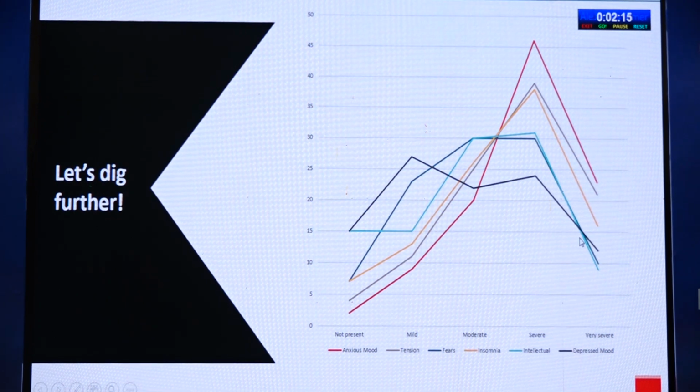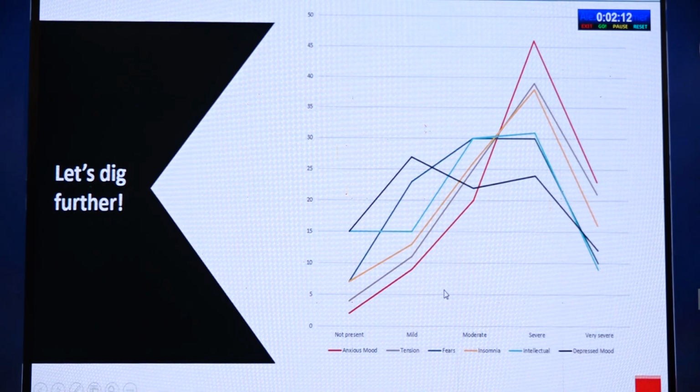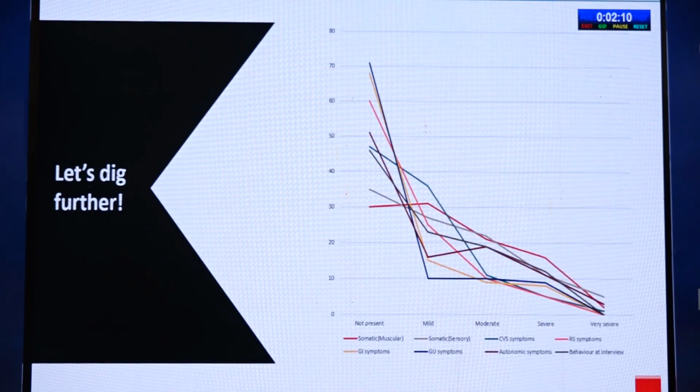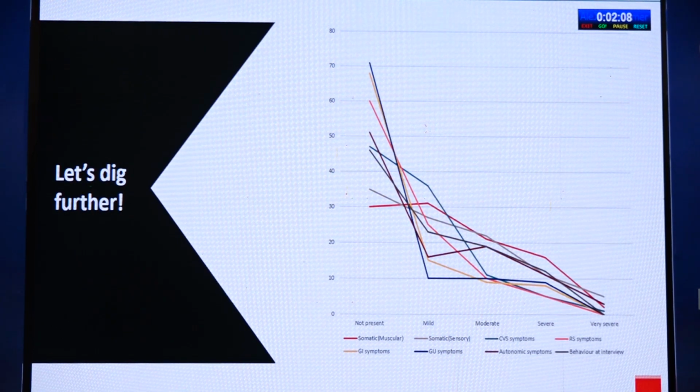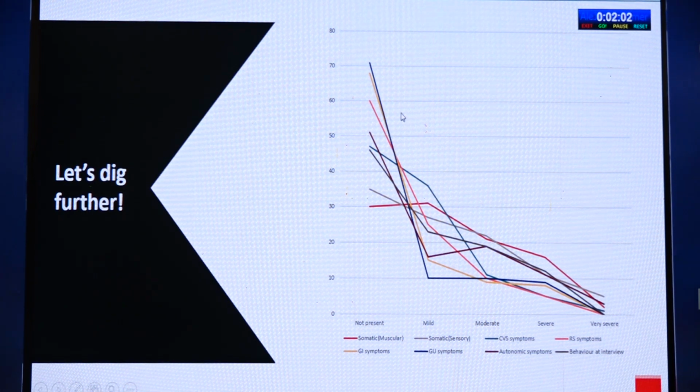Similarly, all other symptoms are also color-coded. This graph contains the remaining 8 symptoms. As you can see, cardiovascular, GI, and respiratory symptoms did not have much impact, as they were absent in most of the patients.